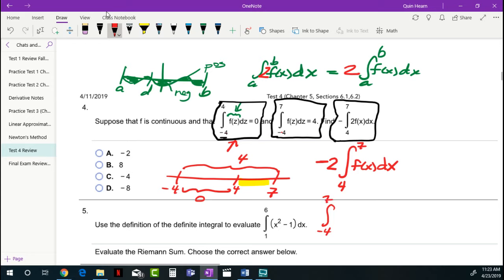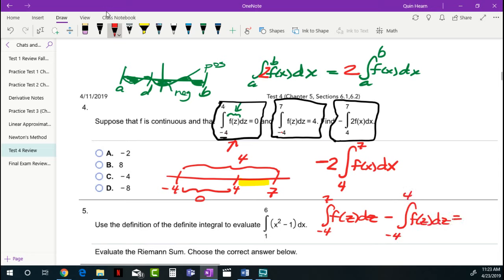So thinking about a number line, from -4 to 4, the area adds up to 0. And from -4 to 7, the area adds up to 4. So that means that this piece between 4 and 7 had to have contributed an area of 4, right?